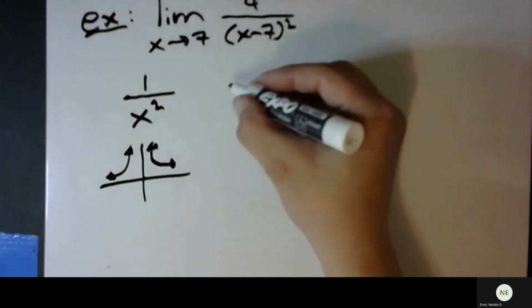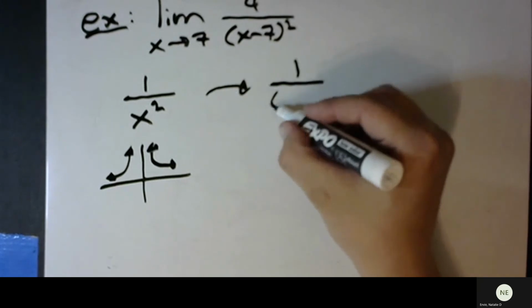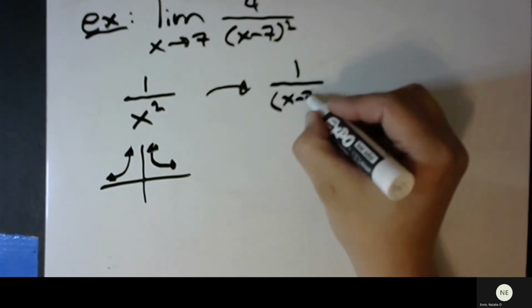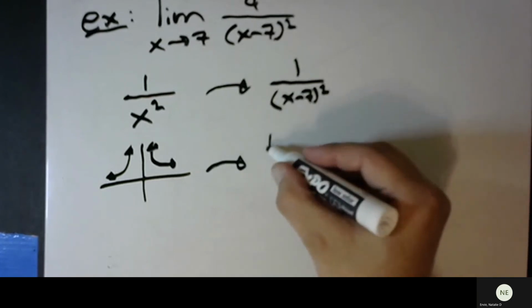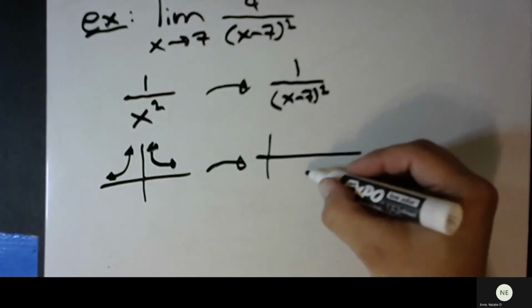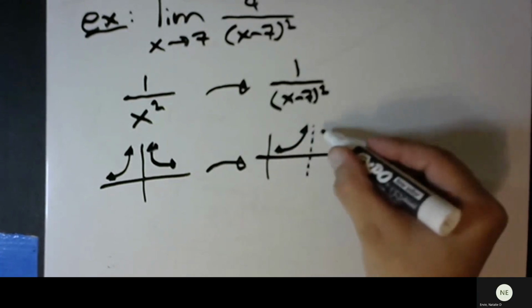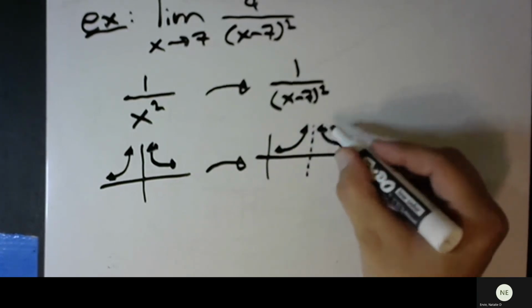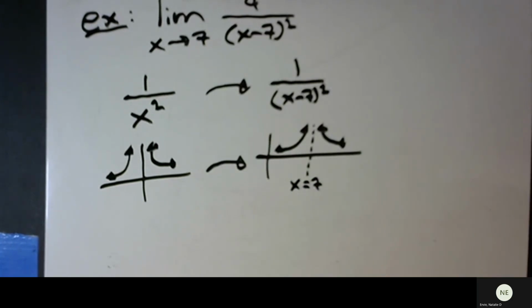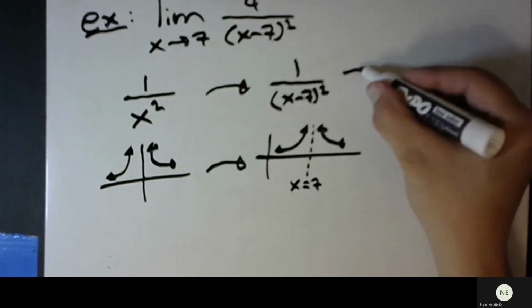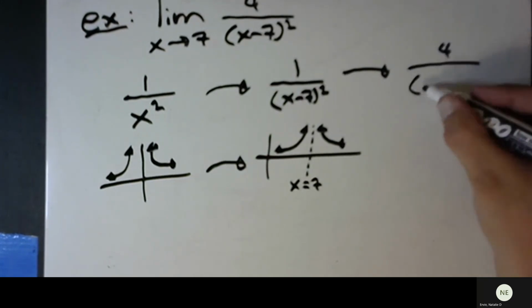And then what we can do is shift it over to x equals 7, like so. And then if you multiply by 4, this is just going to stretch it vertically.